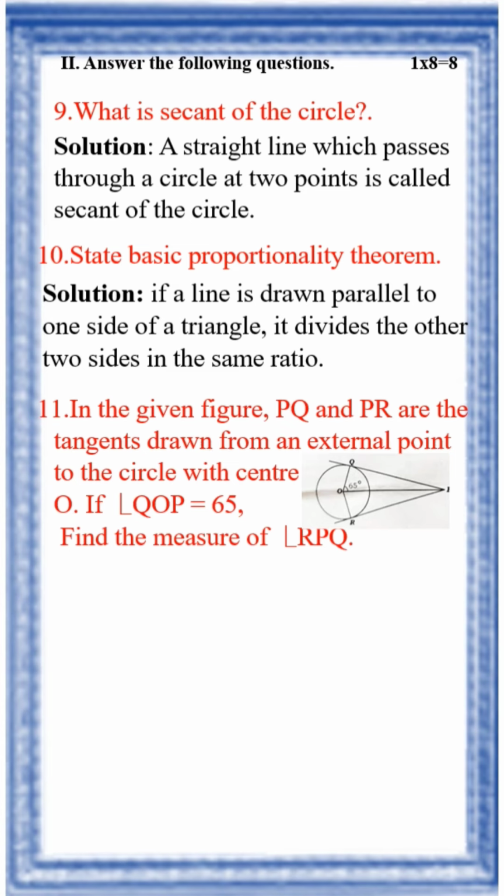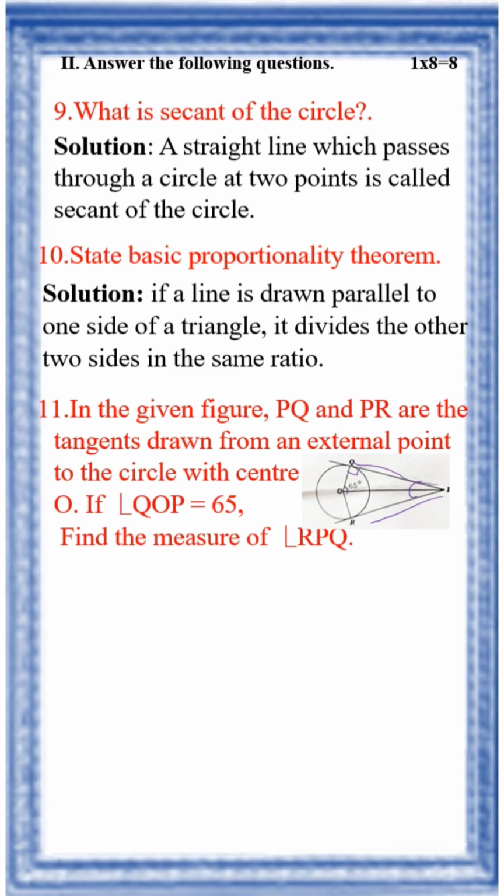In the given figure, PQ, PR are the tangents drawn from the external point to the circle with the center O. If angle QOP is 65, then you have to find angle QPR.